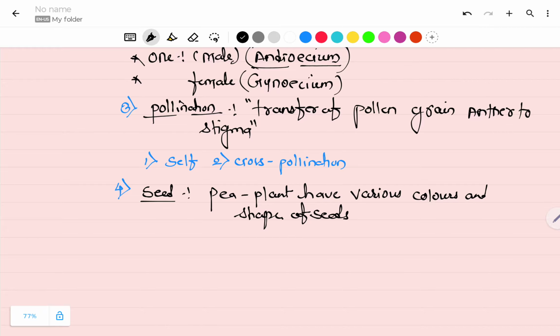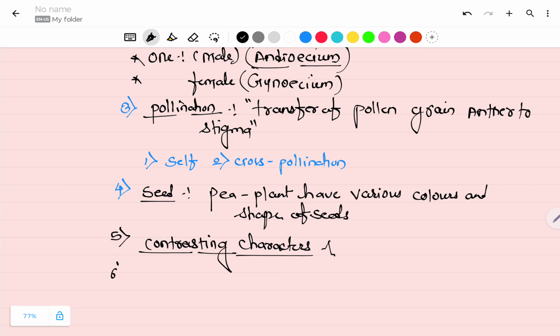Now the fifth characteristic: the pea plant also has various contrasting characters. What is the meaning of contrasting characters? Its root, stem, leaf, fruit and flower show various varieties, or variation.